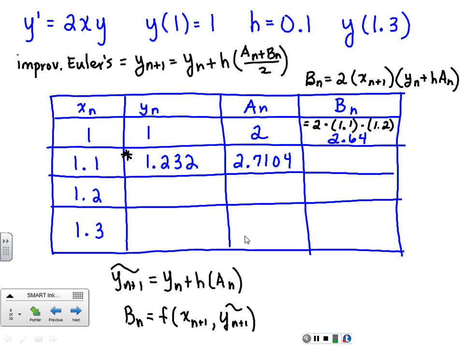Okay, here's the hard part right here, keying in this one. I think I'm going to enter it in my calculator backwards too. Let's do this big chunk right here: y sub n plus h times a sub n.